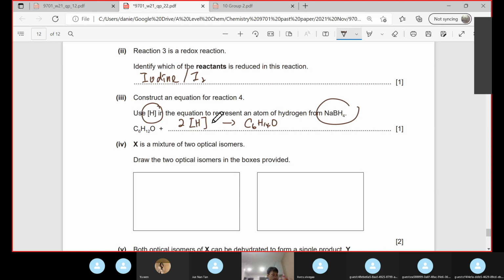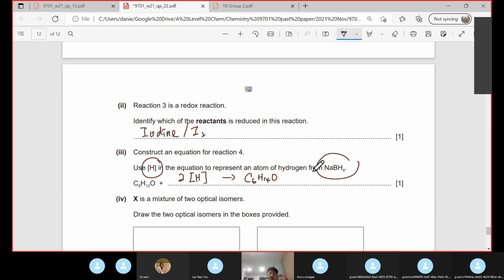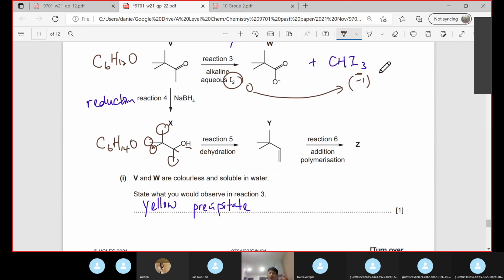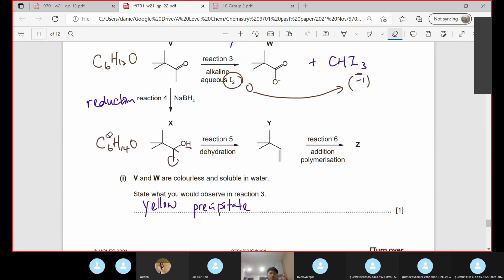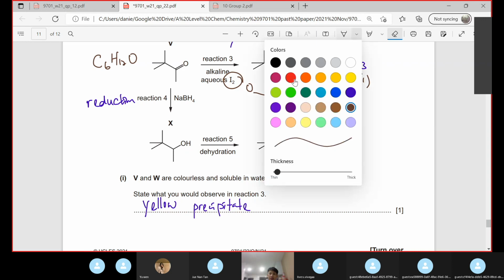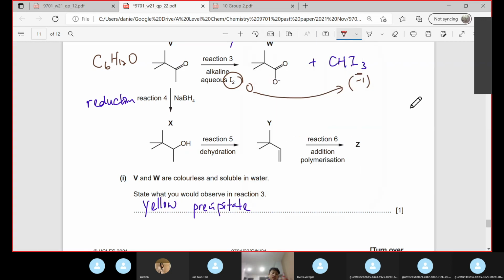Okay, then X is a mixture of 2 optical isomers. Draw the 2 optical isomers in the boxes provided. Let us look at X. Since it is an optical isomer, you need to be able to identify the chiral carbon, right?